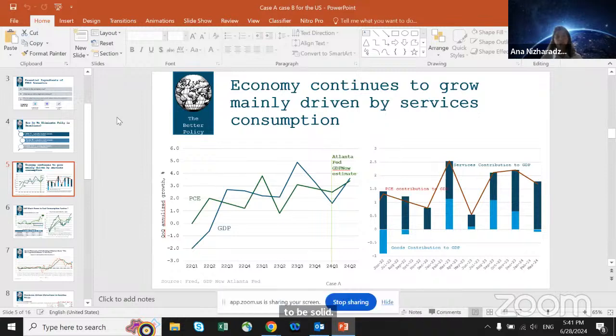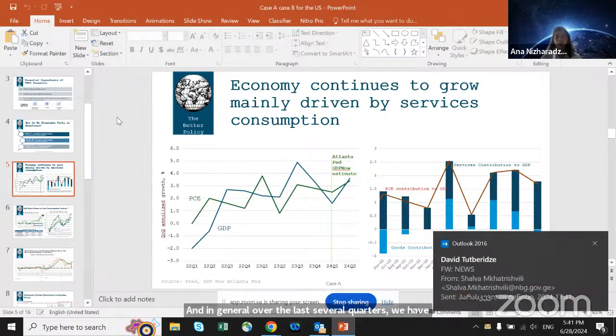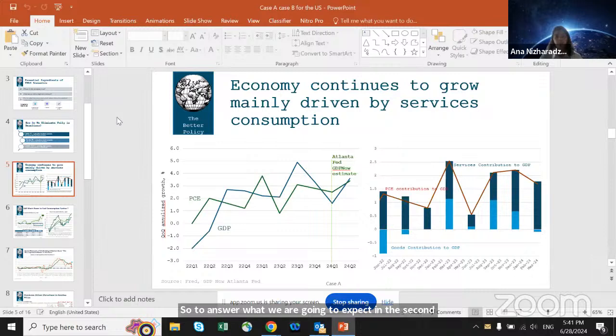And in general, over the last several quarters, we have not seen any recession or any downturn in the US economy. So to answer what we are going to expect in the second quarter, even in the second quarter, based on updated projections of the Atlanta Fed, we should still expect solid economic activity will remain there. And in the second quarter, the data stood at 3%.